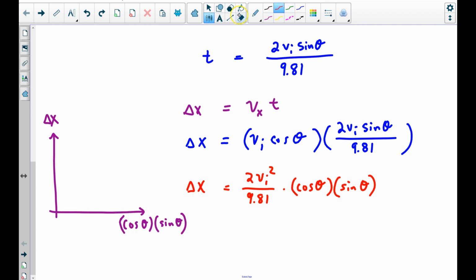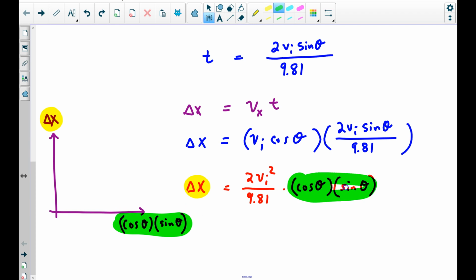Well, let me look at my equation. The y-axis is right there. The x-axis, this whole mess, is right there. And in fact, this does have the form of a straight line.